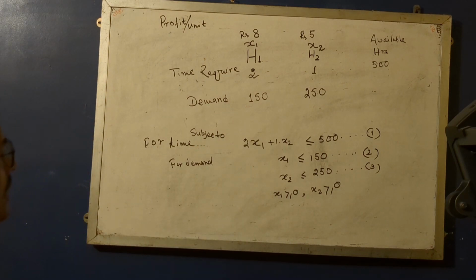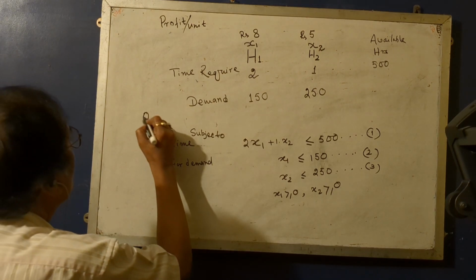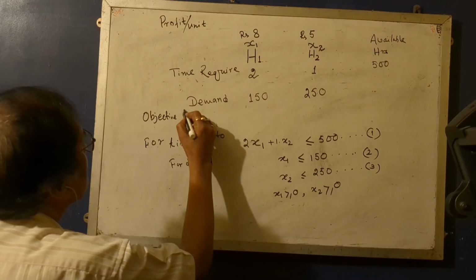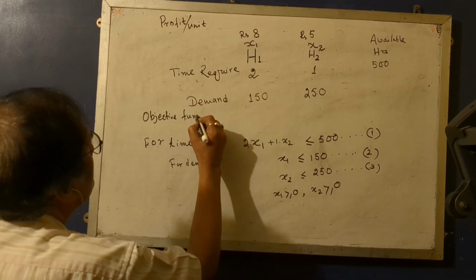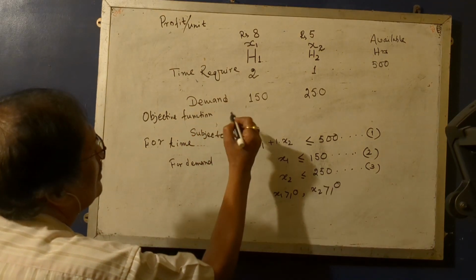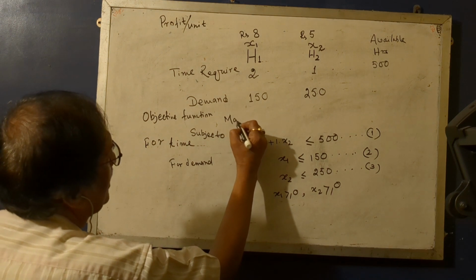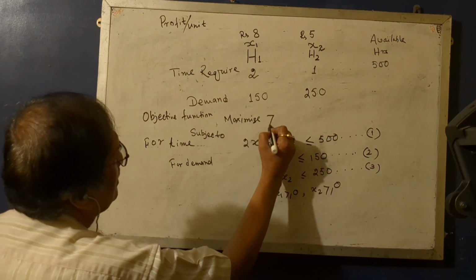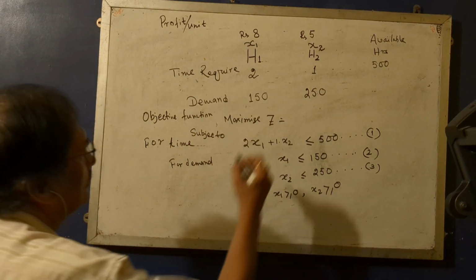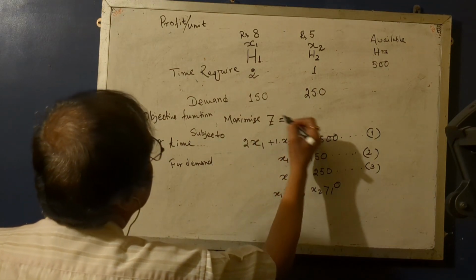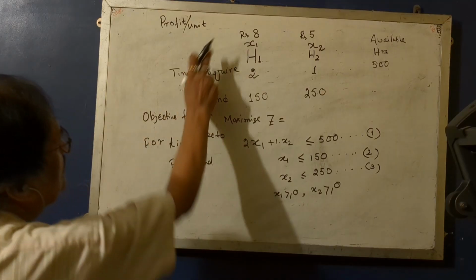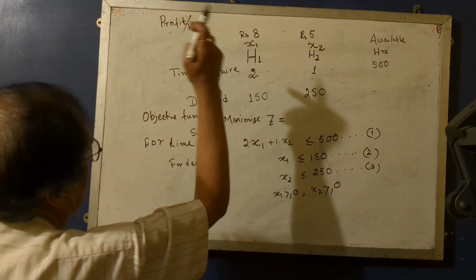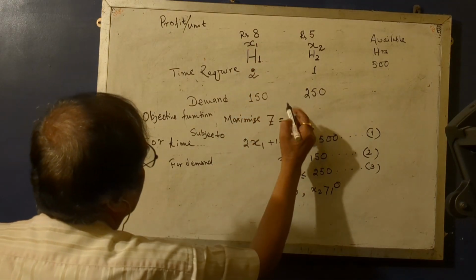And what is the objective function? The objective function will be: maximize z is equal to 8 rupees profit per unit for this hat, and you are producing x1 units.